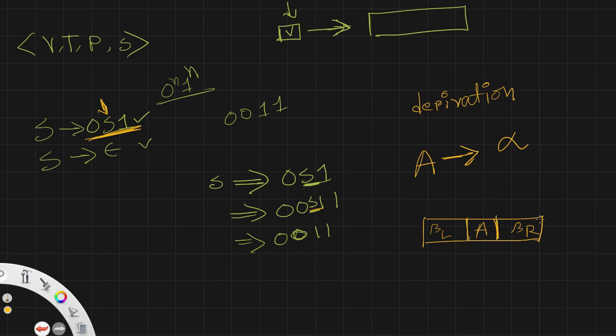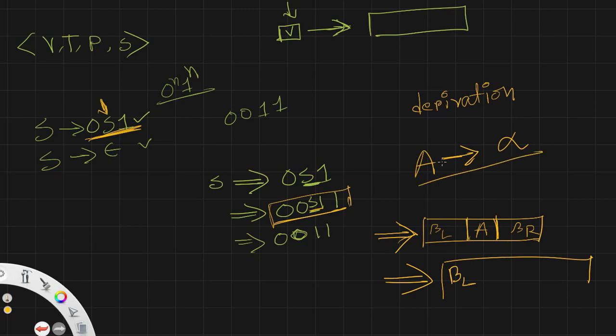So if we have a string like this, compare this with this. In the case of S, we have A, and we have things on the left and right. If this can be converted or expanded into this, because there is a rule that A can be expanded into alpha, then this can be expanded into this.